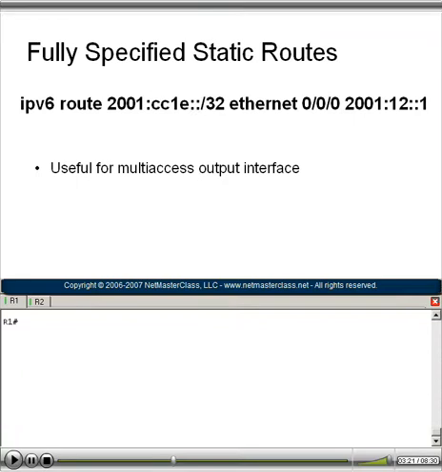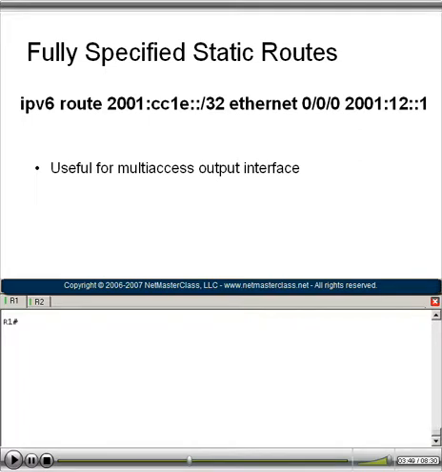A fully specified static route includes both an interface reference as well as the next hop reference. So here I've got the same prefix, but I'm saying to get to this particular prefix, use the Ethernet 0/0/0 interface, and oh yeah, by the way, out that particular interface, you'll be looking for a next hop of 2001:12::1.